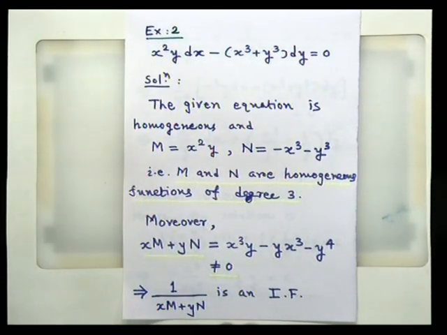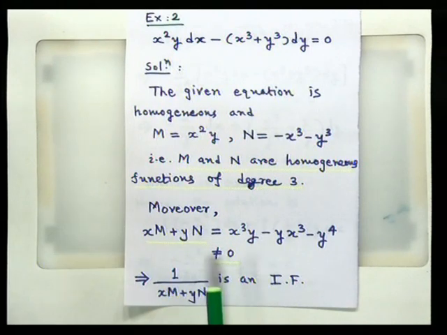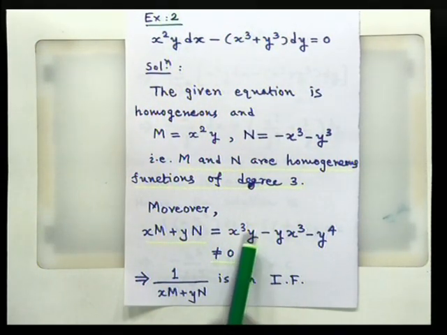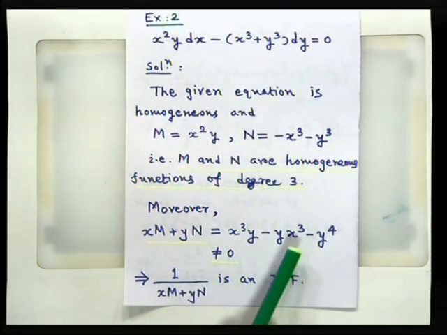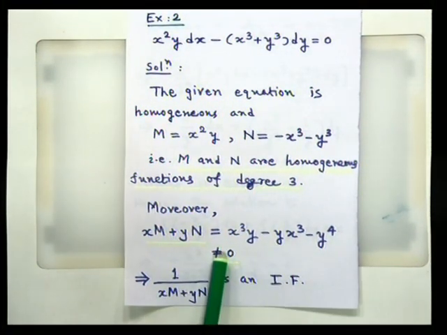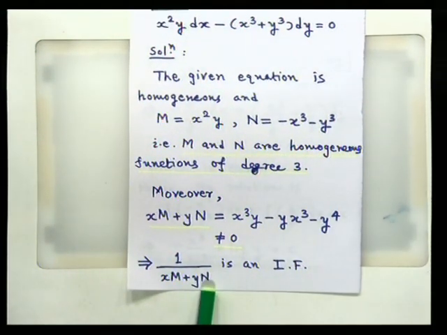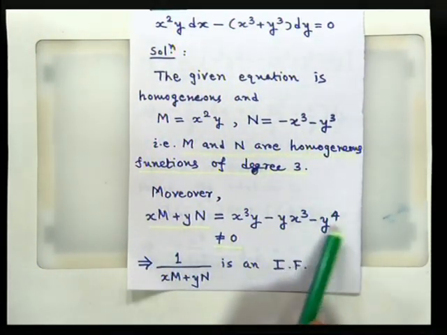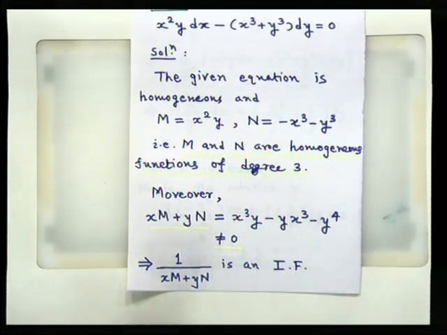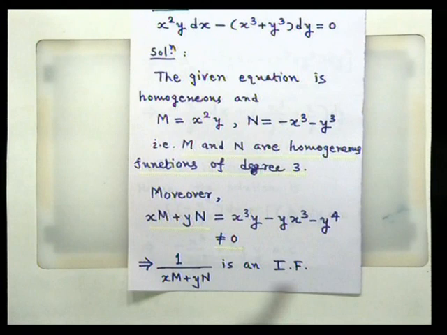Moreover, if we check the condition xm plus yn, whether it is non-zero or not, x into m plus y into n becomes minus y raised to 4, and that is not equal to 0. So 1 upon xm plus yn, that is, 1 upon minus y raised to 4, will become the integrating factor, the third rule that we studied earlier.